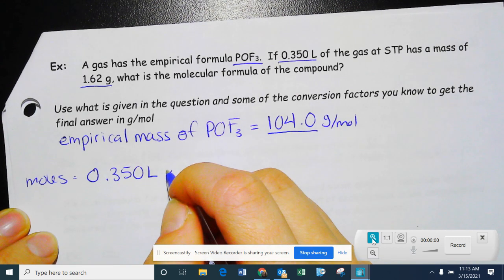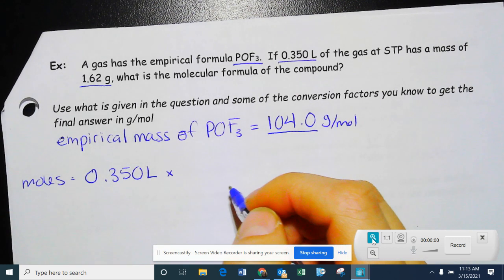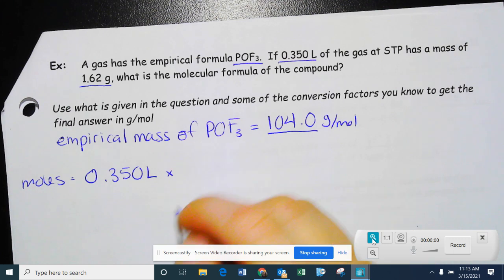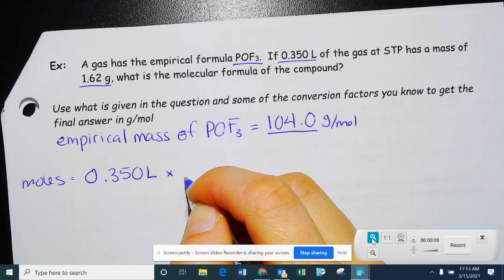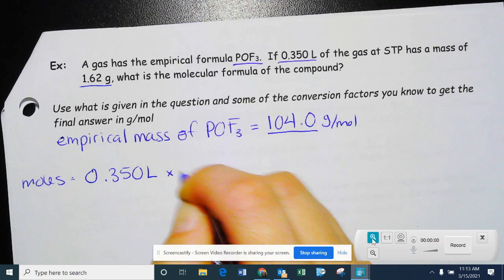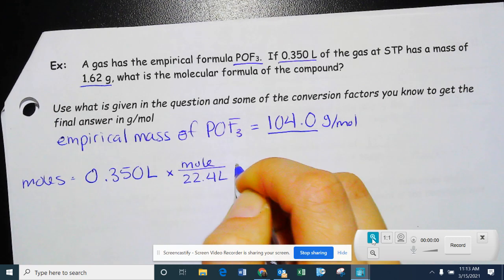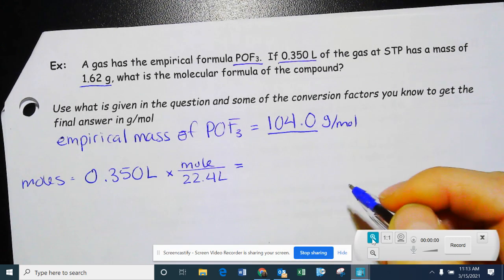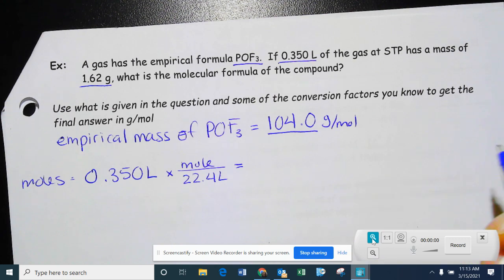And then I know that at standard temperature and pressure, there are 22.4 liters of gas for every 1 mole. What's going to go on the bottom, liters or moles? Good. Okay, and then we should end up with how many moles?